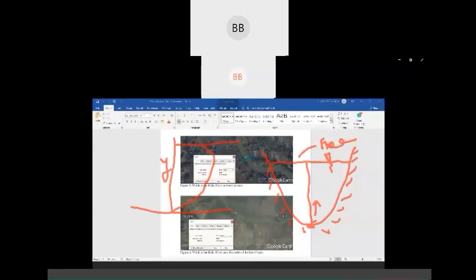So that's why measuring velocity is very difficult, as it is not constant.